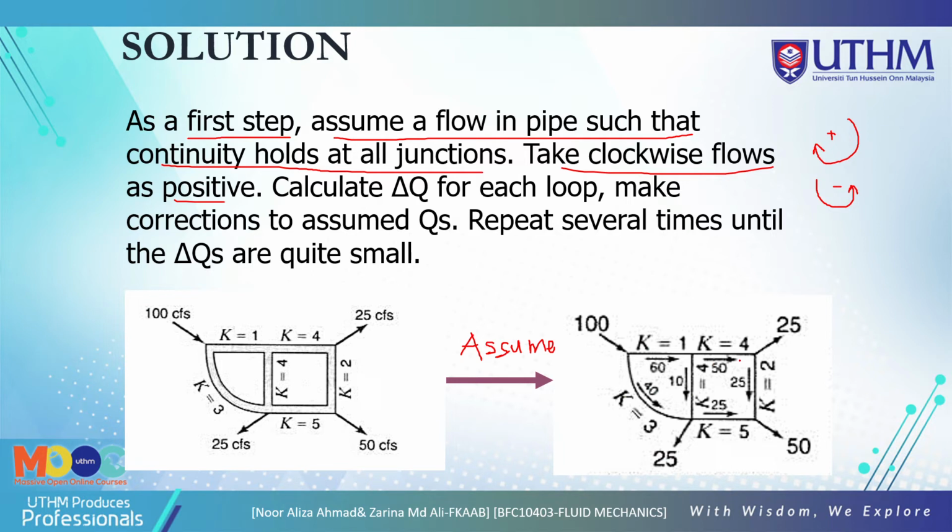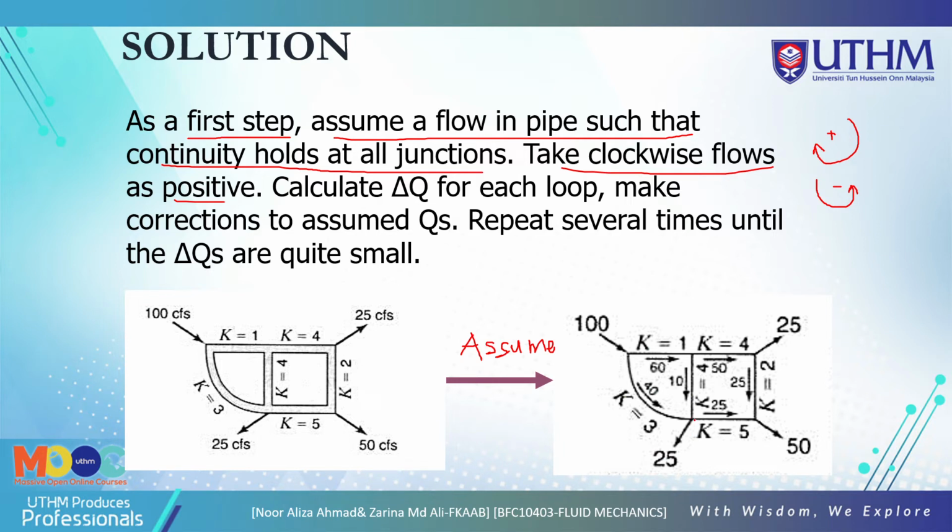You just assume the direction of the flow based on in and out, following the positive and negative signs. Then you look at the inlet here, 40, and this other inlet, 10, so 40 plus 10 gives 50. This 50 goes out as 25 and 25.